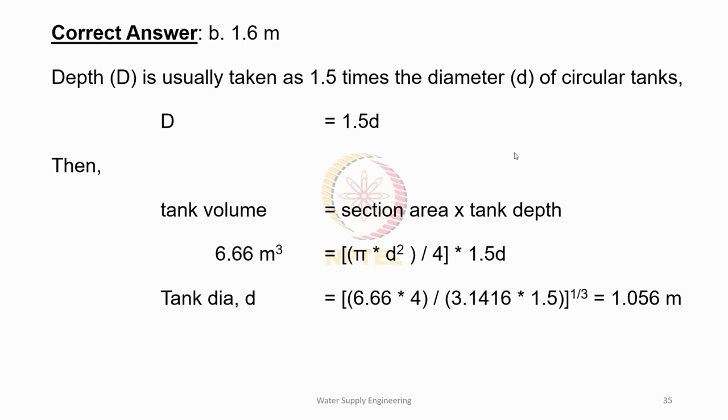Now, since capital D, or the depth, is taken as 1.5 times small d, capital D is equal to 1.5 into 1.056, which is equal to 1.584 meter, or approximately 1.6 meter.